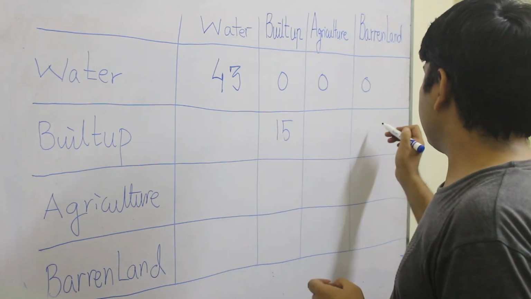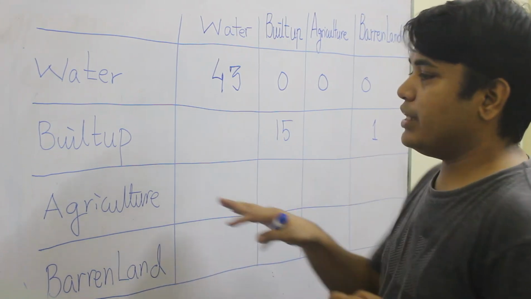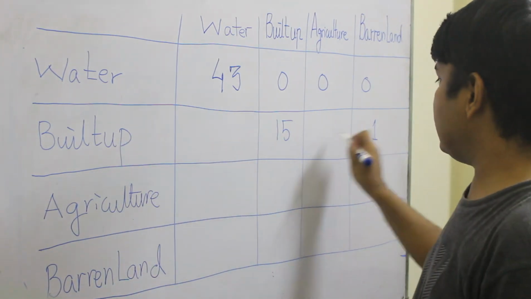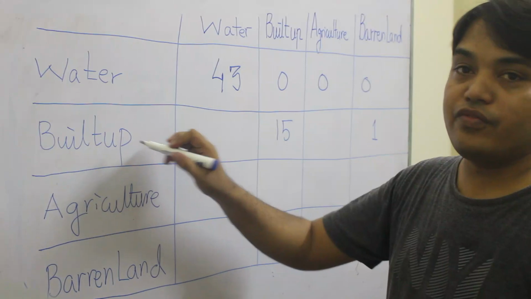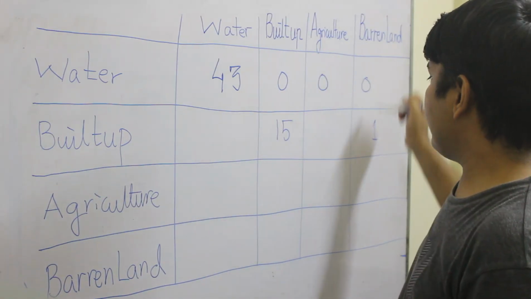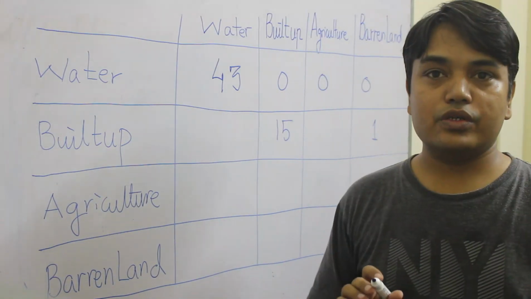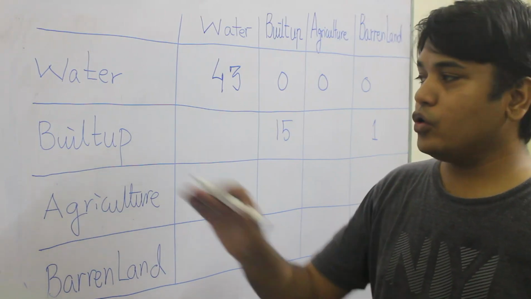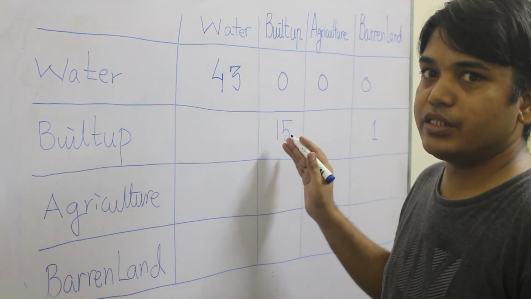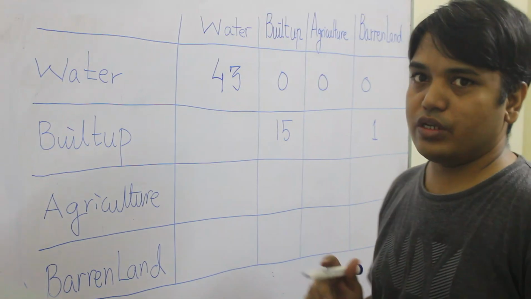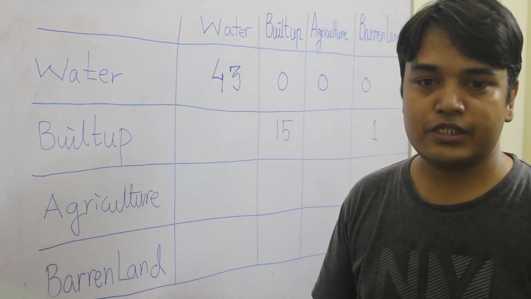So we will put it here under barren. So in total we classified 16 pixels, but on the ground we had 15 built up and one barren. Just to understand, the rows show you the classified information and the columns show you the reference, the ground truthing information.